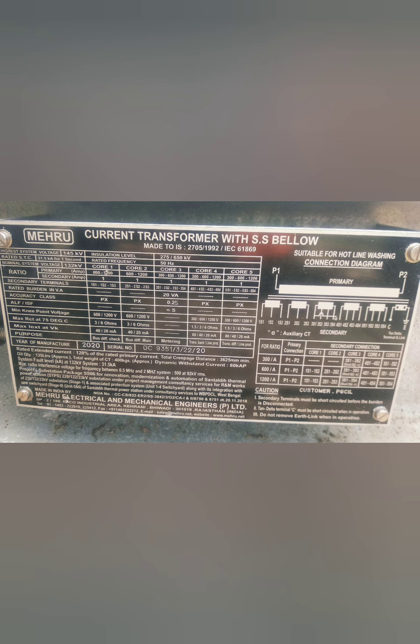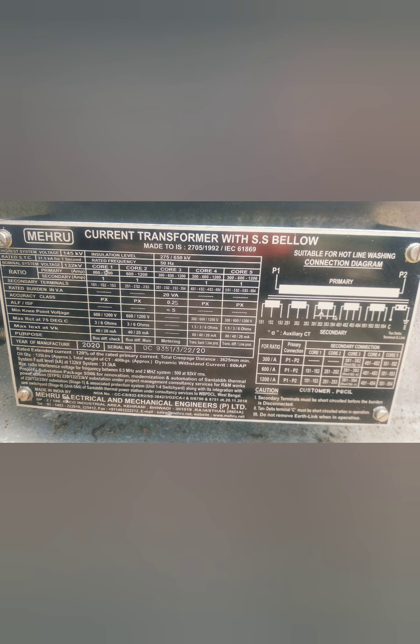Then coming to the knee point voltage, the knee point voltage of core 1 and core 2 has been given, and the leakage current level is also mentioned as the VK leakage current, which means the current at the knee point level. For S1 and S2, the knee point voltage is 600 volts, and the milliamp level is 20 milliamps.